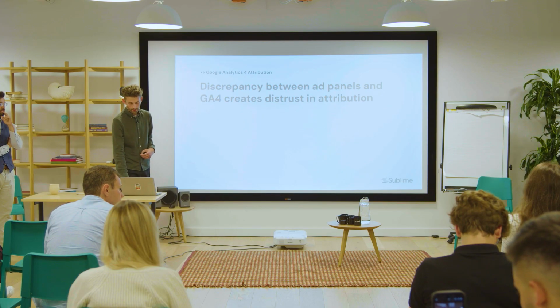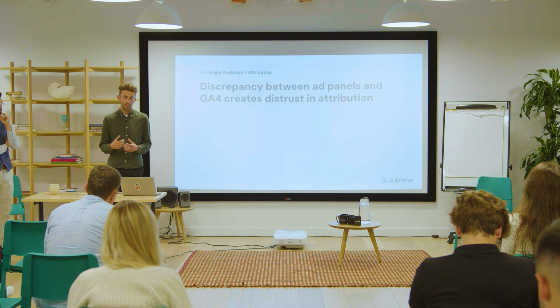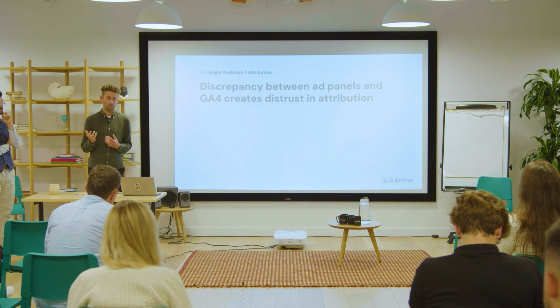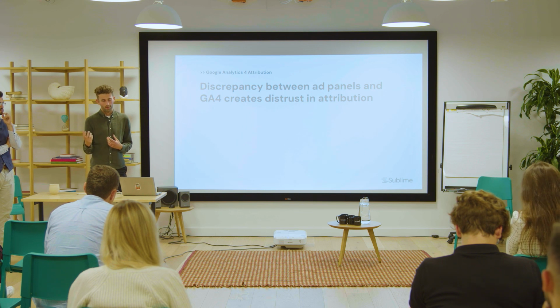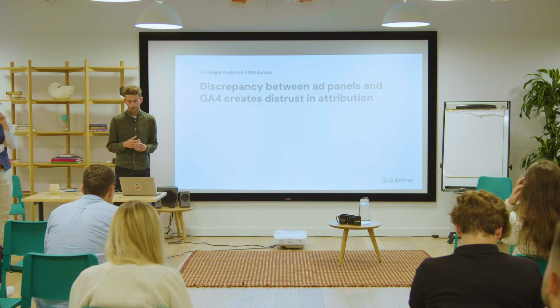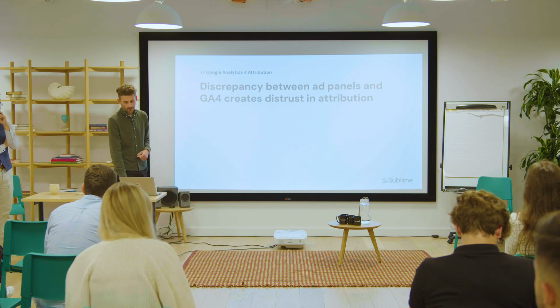And for these reasons, this discrepancy in data creates a lot of distrust in attribution overall. So you don't really know which tool is telling the truth. Is it somewhere in the middle? And in the end, how should we make decisions based on that?